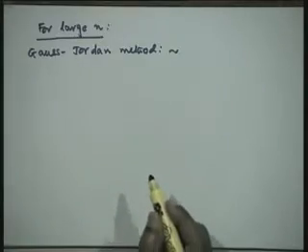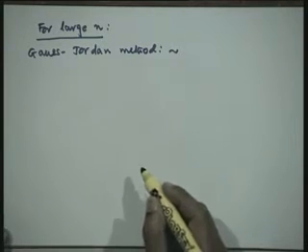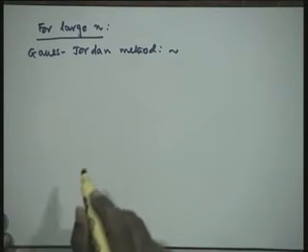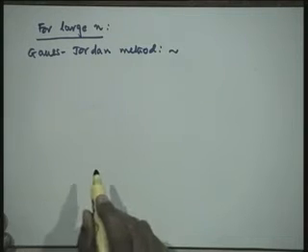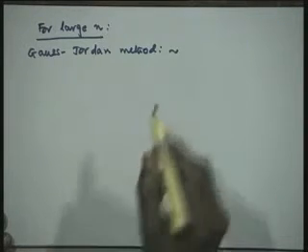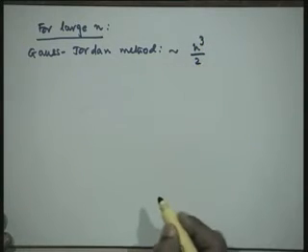Therefore, and we mentioned when we solved an example, we said that Gauss-Jordan is much more expensive than the Gauss elimination procedure. However, we shall use it for finding the inverse of a matrix, which is a very convenient procedure, and the number of operations is n cubed by 2.